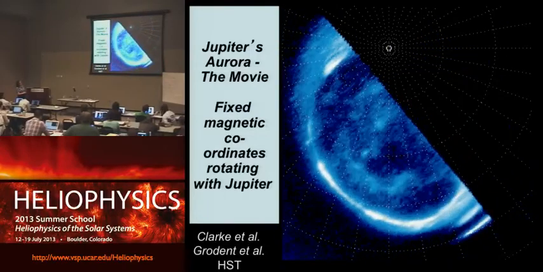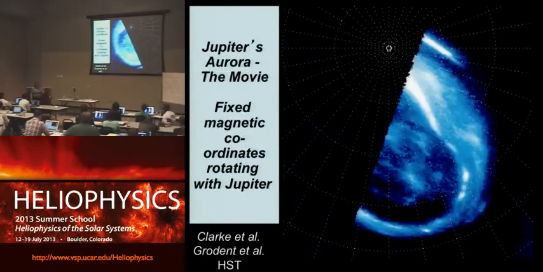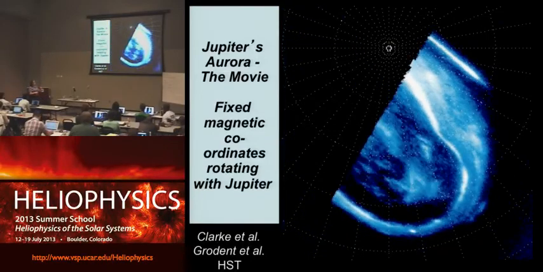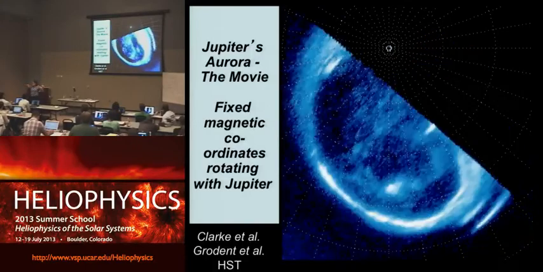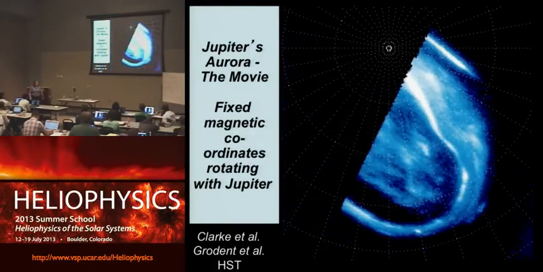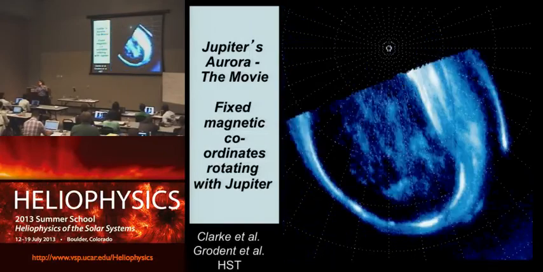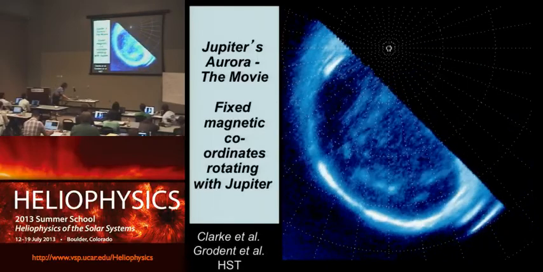You can see it's actually more of a kidney bean shape. And that's because there's actually a magnetic anomaly, a little bit of strange field on the side. But you can see it's not like the Earth's aurora that tends to have this big variation. There's not a big asymmetry day-night, and it's actually really pretty constant. But it's fairly thin, and it doesn't vary a whole lot with time.